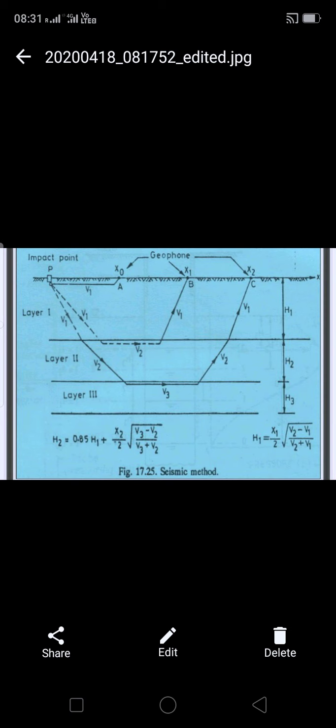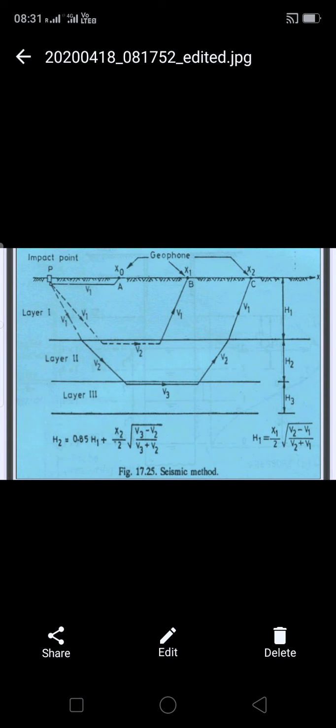Some of the energy passes through layer 2 to layer 3, then goes back through layer 2 at speed v2 and layer 1 at speed v1 to geophone x2. A, B, and C are the three geophones which receive the shock waves at different time intervals. The layer thicknesses are h1, h2, and h3.